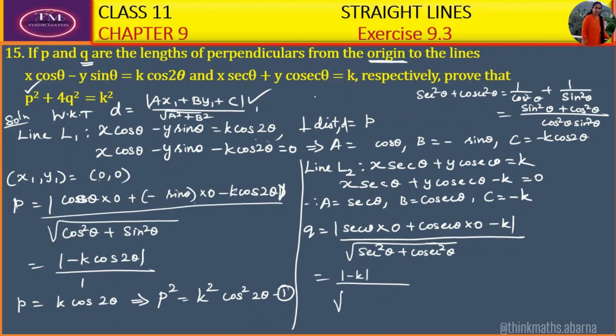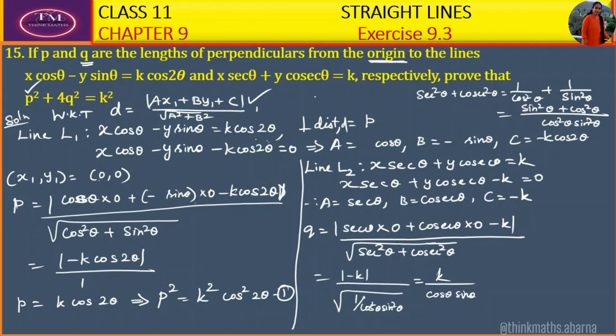In the numerator we have square root of sine square plus cos square is 1 divided by cos square theta sine square theta. So modulus of minus k is k divided by, if you take square root of 1, it is 1. If you take square root of cos square sine square theta, it is cos theta sine theta.